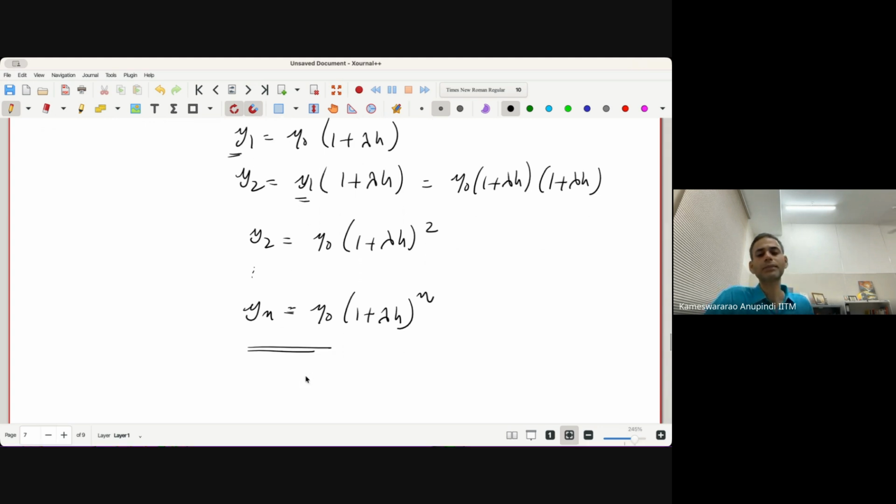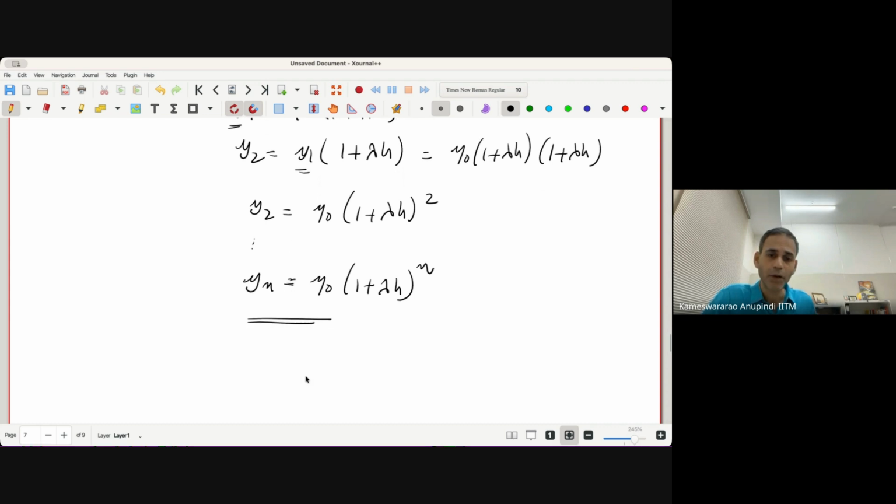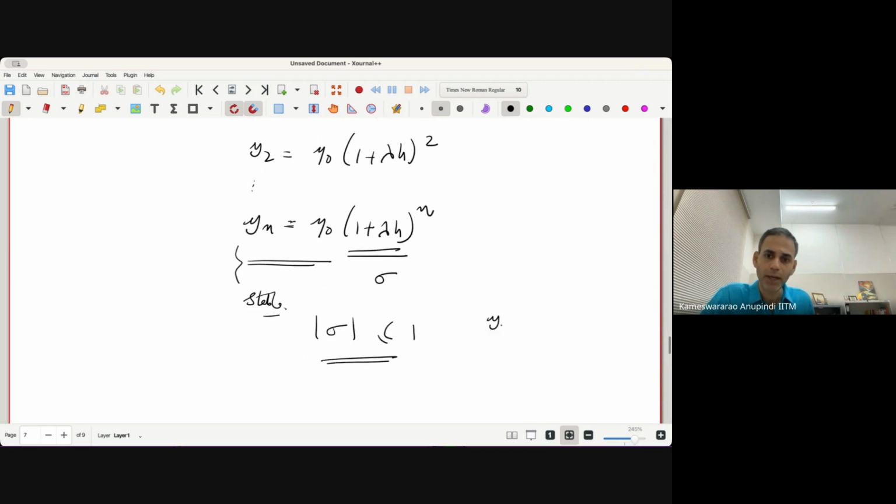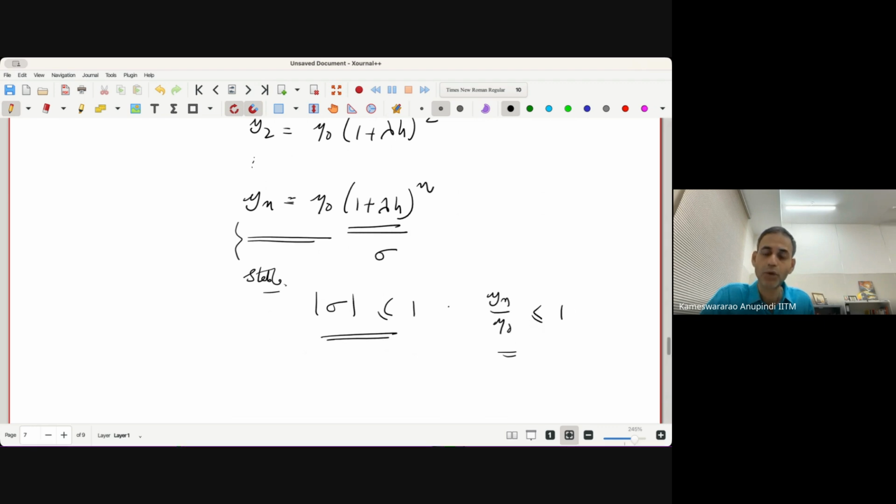Then, in terms of the solution or the round off error we have discussed, for this method to be stable, if we call this quantity sigma, we want sigma to be less than or equal to 1. Only then yn by y0 will be bounded, right? We don't want yn to be growing.